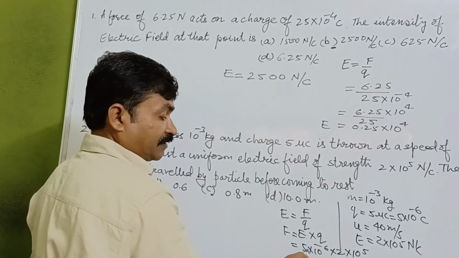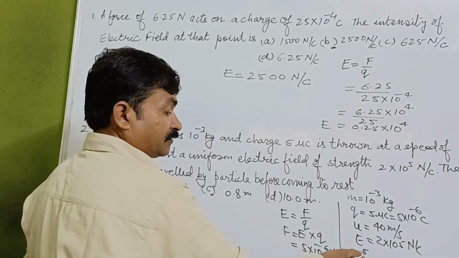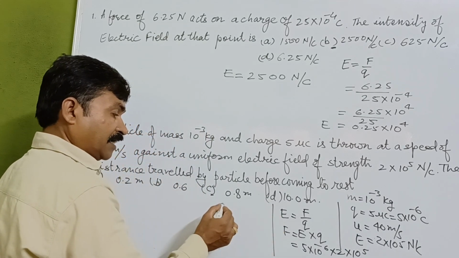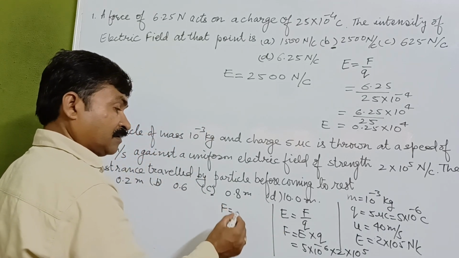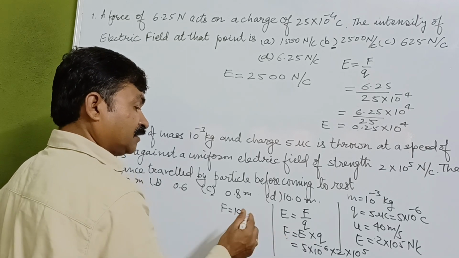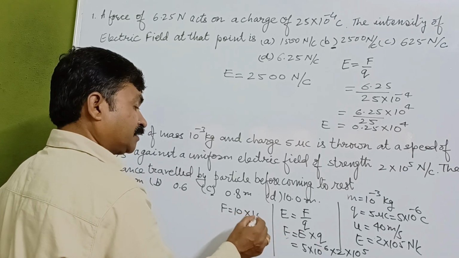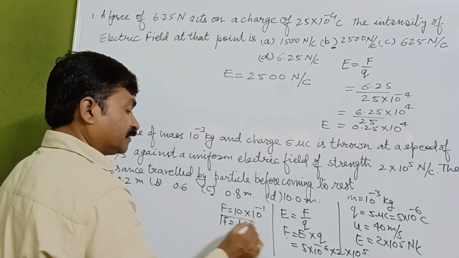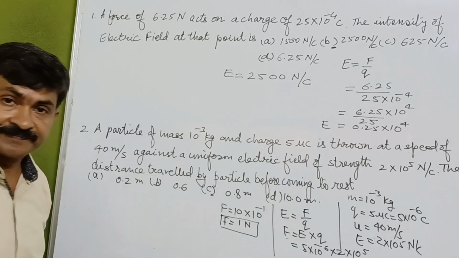So here we have 10^5 and 10^-6, which gives 10^-1. So F is equal to 5 × 2, that is 10, times 10^-1, which means 1 Newton. The force which is acting is 1 Newton.